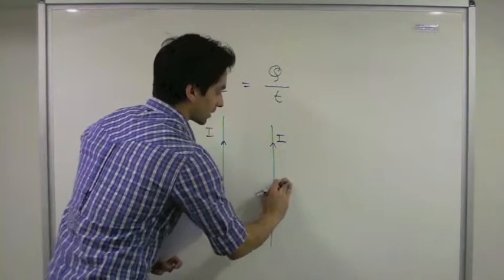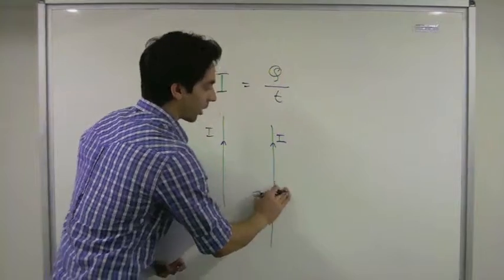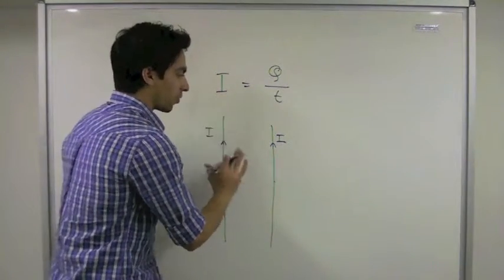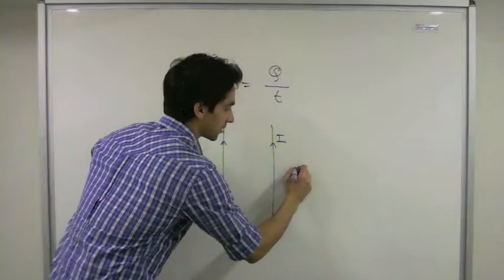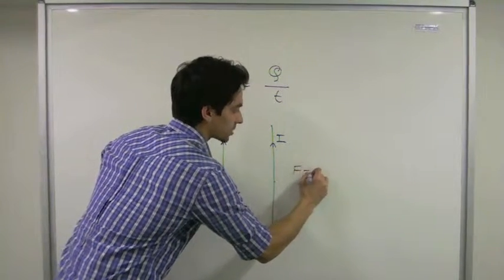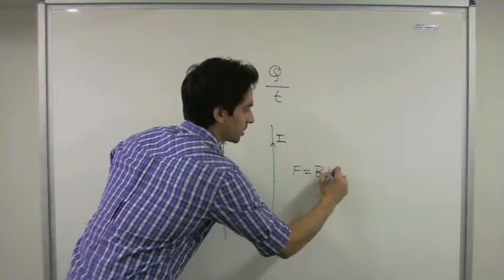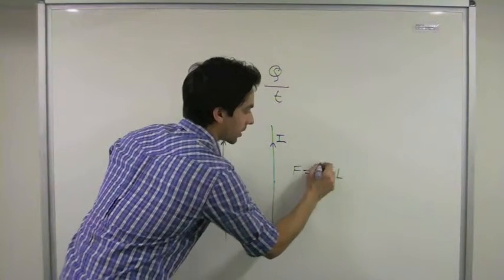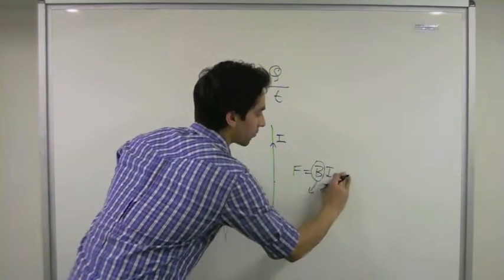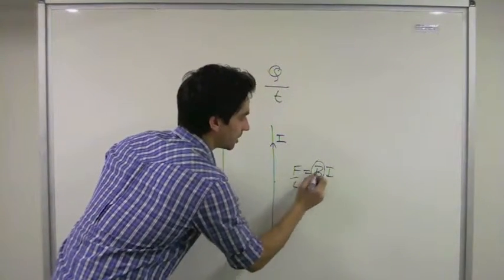But that's not the important thing, and that's not the detail that you want to go into in this chapter. The force per unit length is defined as follows: force is given by BIL. Again, force per unit length would be BI.